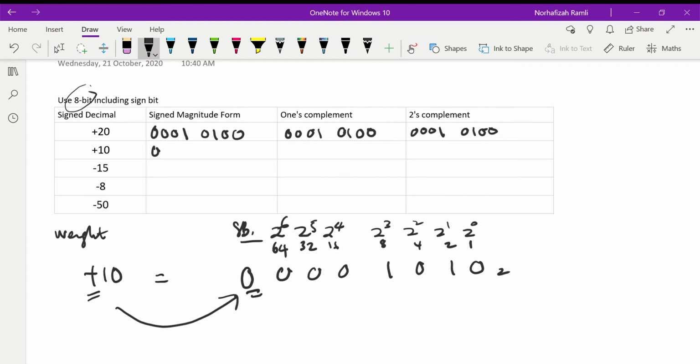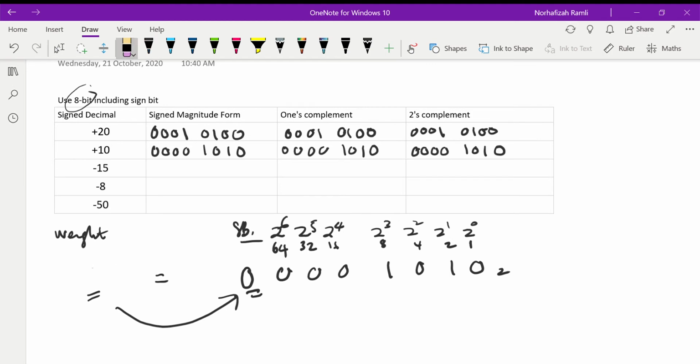Just copy 0, 0, 0, 0, 1, 0, 1, 0. Same here, and here also. So the sign bit is 0.